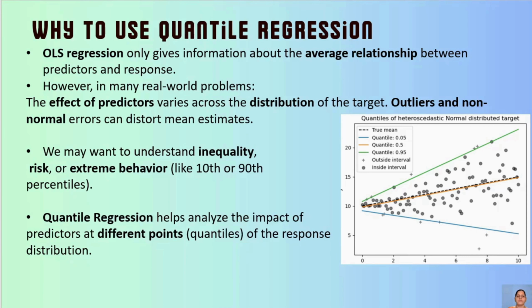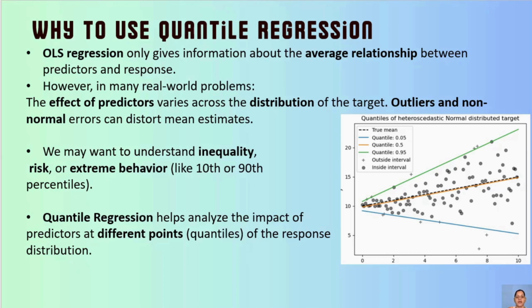Now we will understand why we are using quantile regression. Like I've already mentioned, OLS regression gives information on how the average relationship between the predictor variable and the response comes up together. However, in real world problems, we should dive deeper into understanding whether outliers and non-normal errors are affecting the estimates more or not.